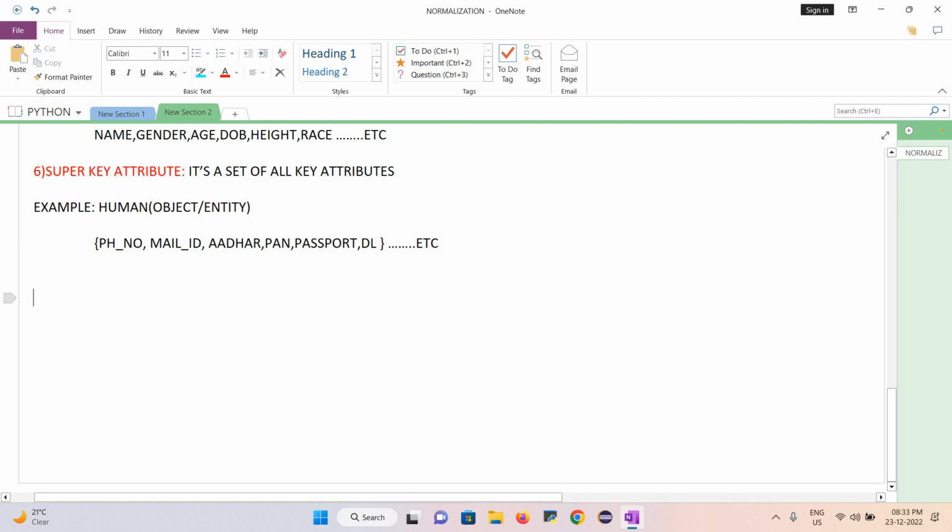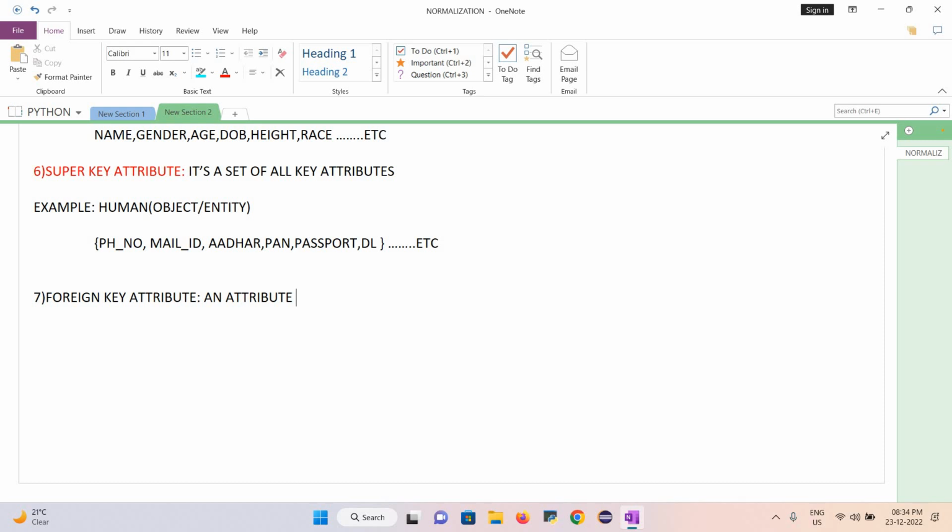And the last one, this is my last key attribute: the foreign key attribute. So what is a foreign key attribute? It is an attribute used to identify a record uniquely from the table. I cannot say it like this, because a foreign key is always used to establish the connection between tables.